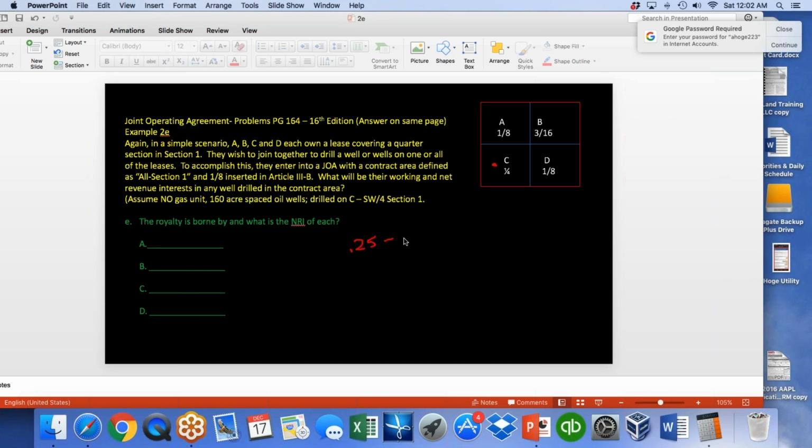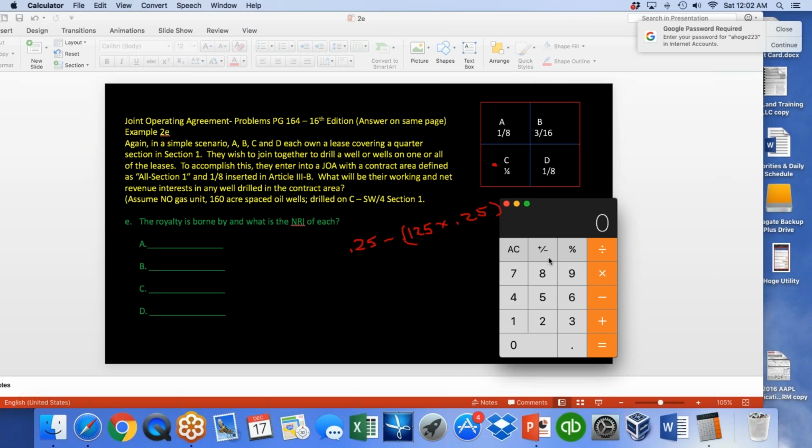He's responsible for his 1/8, 0.125, but he's only responsible for a quarter of it. So 0.125 times 0.25 equals 0.03125.